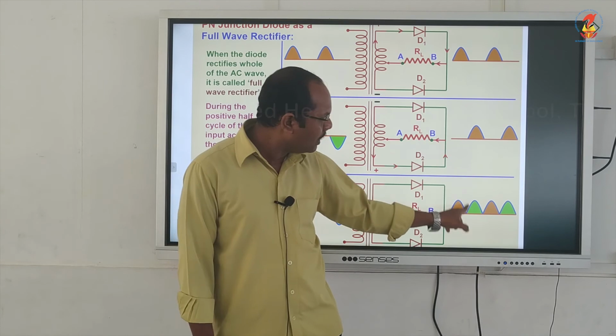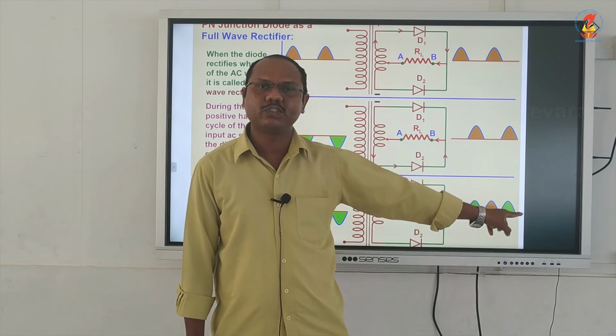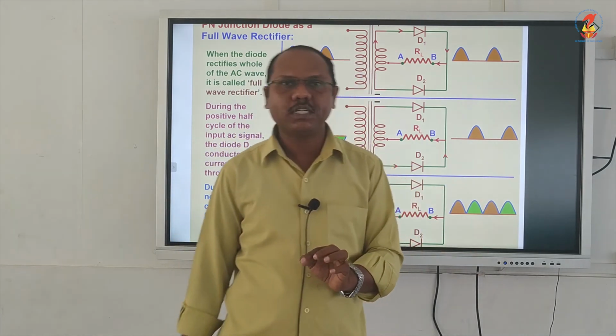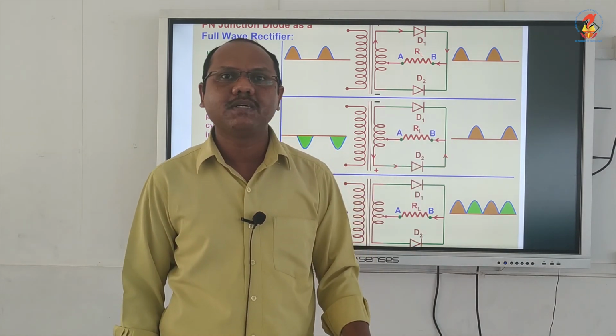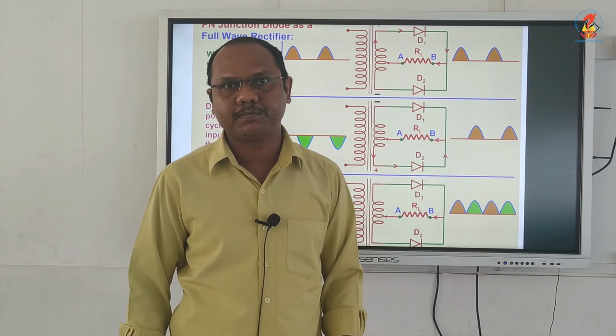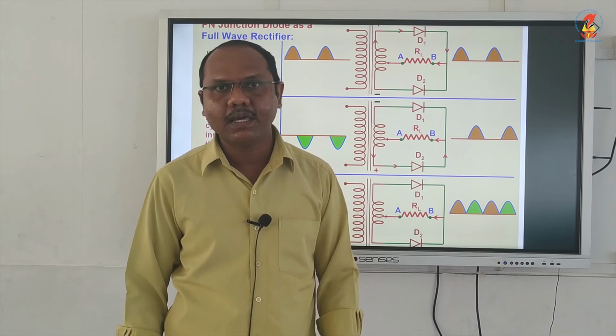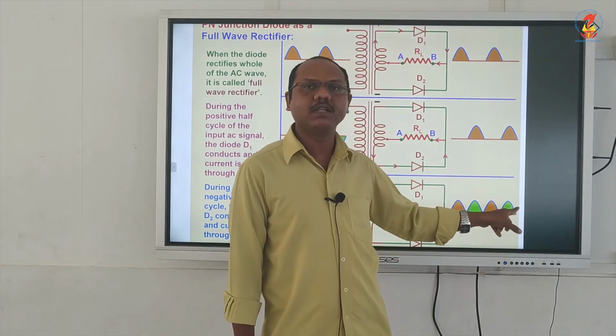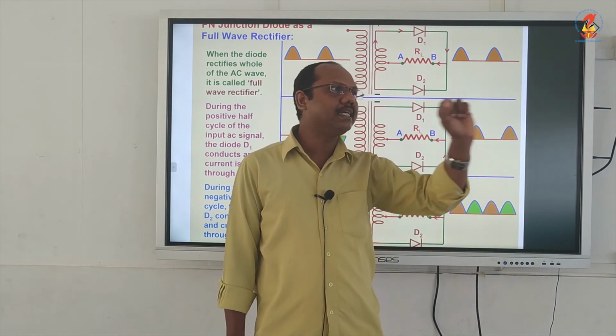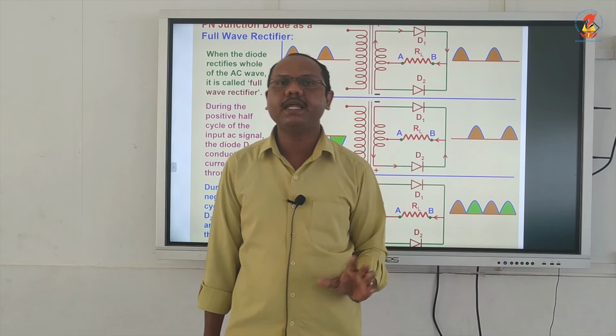Now here also you can see fluctuations. To remove those fluctuations and to get a steady DC, we will use a filter circuit. When we use a filter circuit, these fluctuations will go and you will get a steady current, steady DC.